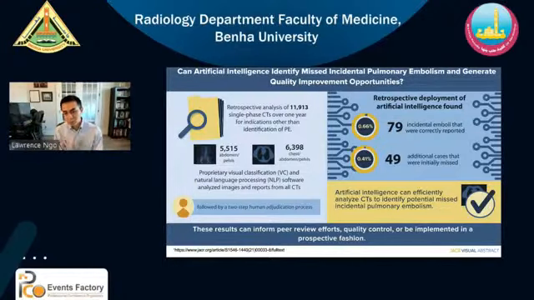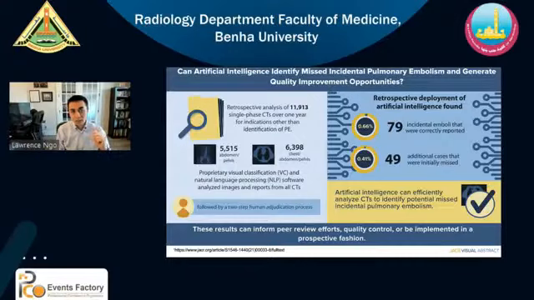After all the exams were run through our algorithm, both the vision and the NLP algorithms, we were able to flag a certain number of studies that radiologists were then able to adjudicate and review. In this retrospective cohort, we were able to find 79 incidental pulmonary emboli that were correctly reported.